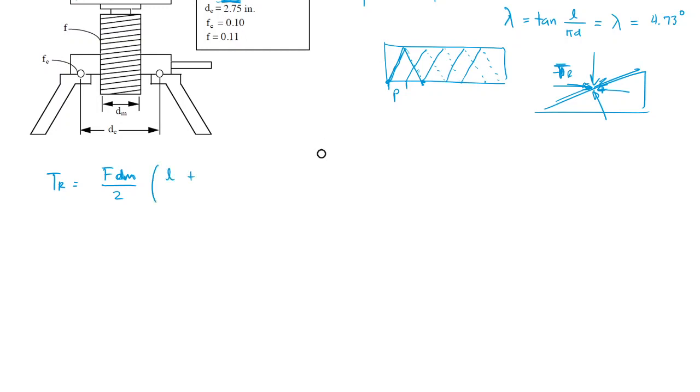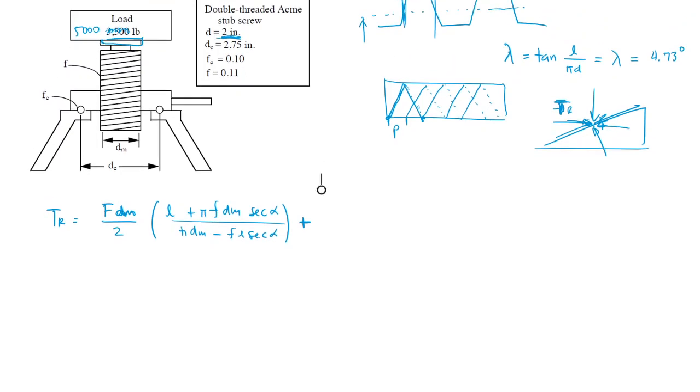And so this looks like this, dm secant of alpha over pi dm minus fl secant of alpha. And to that I have to also overcome the friction of the collar. So the friction of the collar here is given by fc dc over 2. The friction of the collar, the diameter of the collar, and the same load. Okay, because that's the normal force that is generated at the collar, right?